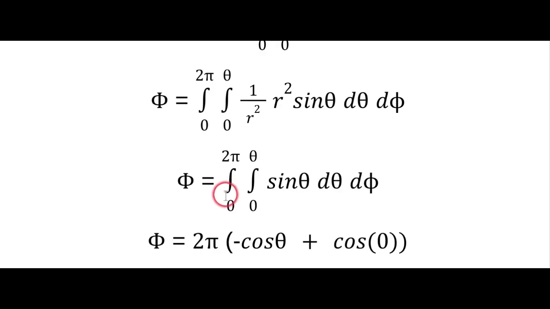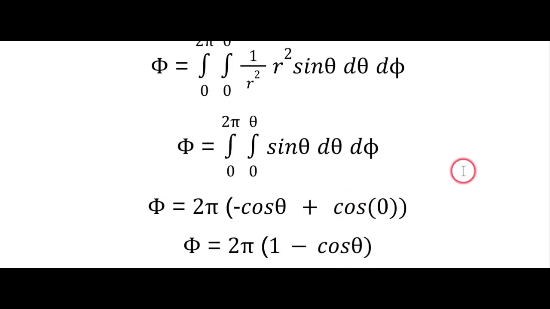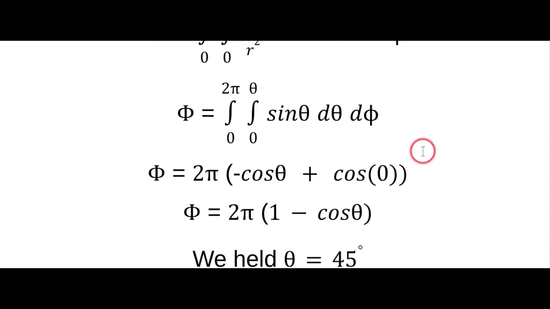And so the integral of d phi from 0 to 2 pi is just 2 pi. The integral of sine is minus cosine. Then we take our limits, so we get a negative times a negative, which is a positive, cosine of 0. So we just get this equation, 2 pi times 1 minus cosine of theta. And we said theta was 45 degrees. I held it constant, okay?